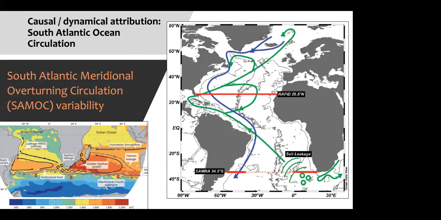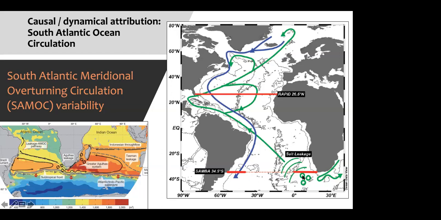This is shown here. The right panel is a schematic of the large scale circulation, with warm surface waters entering the South Atlantic through the Agulhas leakage and ultimately feeding one branch of the Atlantic meridional overturning circulation.